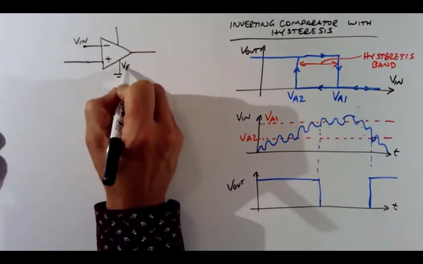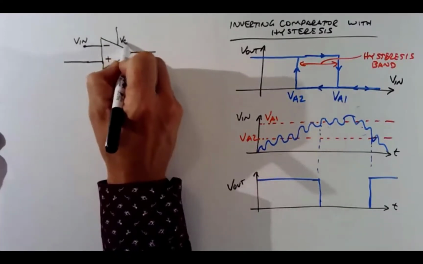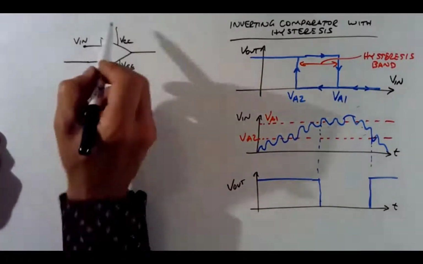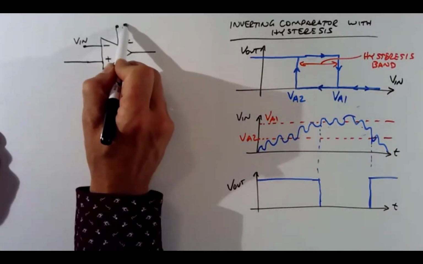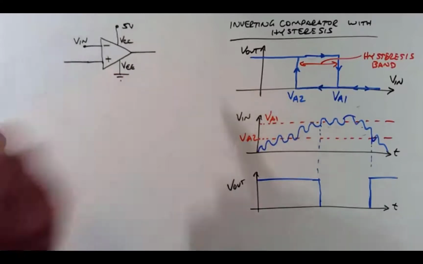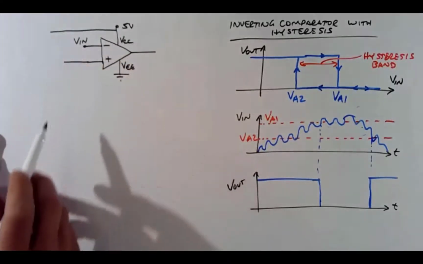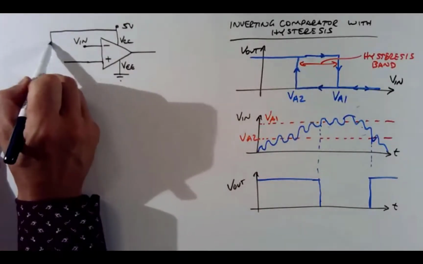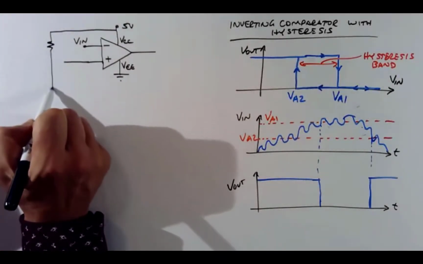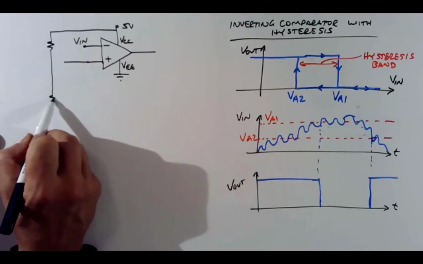We have VEE, VCC. Let's say that's 5 volts. And let's create our voltage divider over here. I'm going to extend that down a little bit.